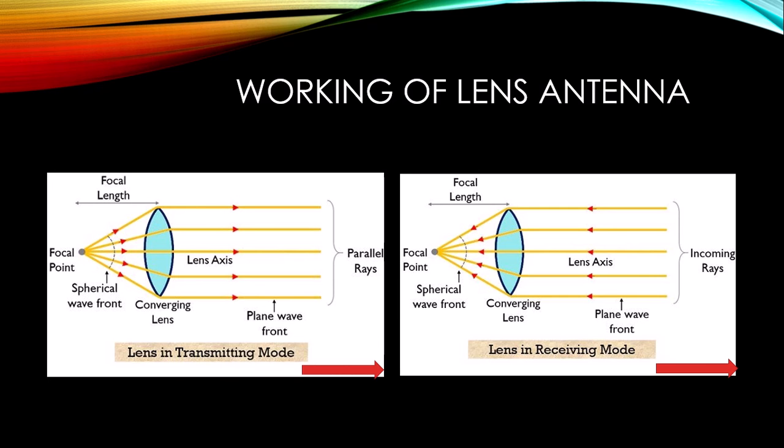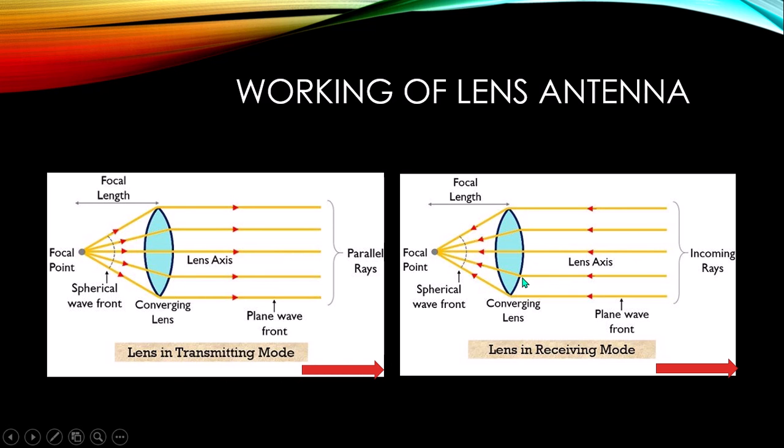The spherical wave front emerges from the source, which is diverging in nature, incident on the surface of the lens antenna. After incidence, when the rays pass through it, the diverging rays collimate due to refraction and are converted into plane wave fronts.